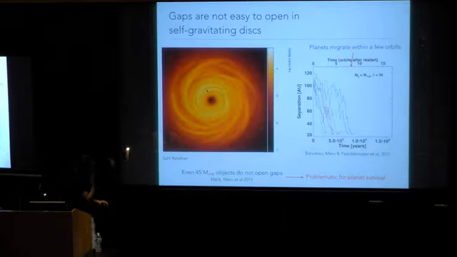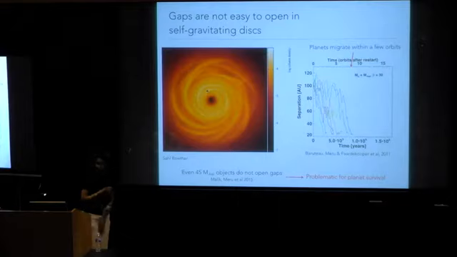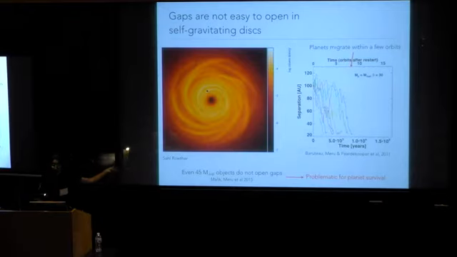In fact, I had another student that looked at this in a little bit more detail, and what he found was that it was really, really hard to open up gaps in self-gravitating disks. Even 45 Jupiter mass objects didn't open up gaps. So this is really, really difficult.